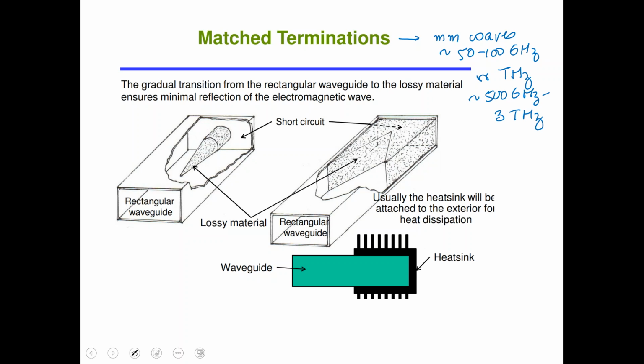In those frequency ranges, the metallic waveguides themselves become very lossy. They have high losses. The conductivity sigma of the material decreases quite appreciably at those high frequencies, and thus they become quite lossy.